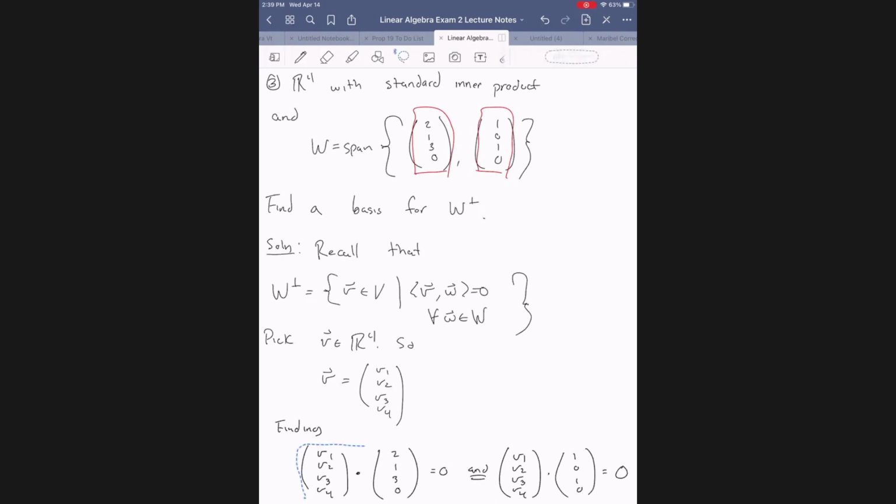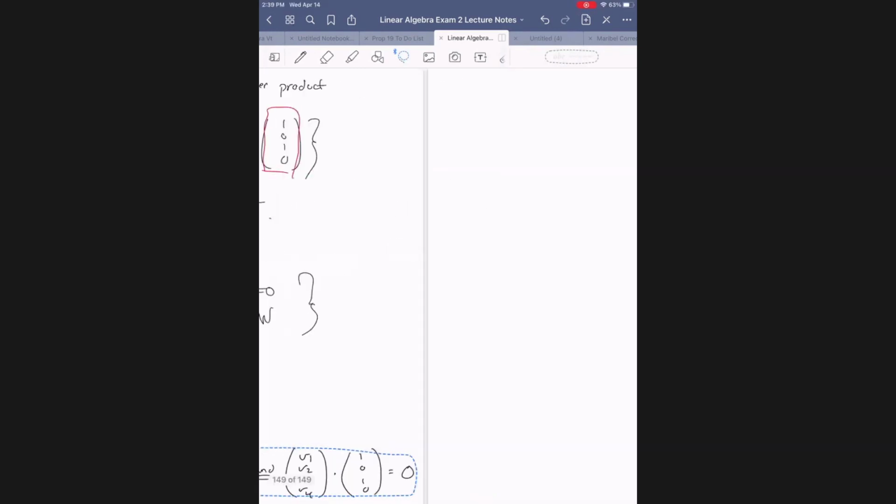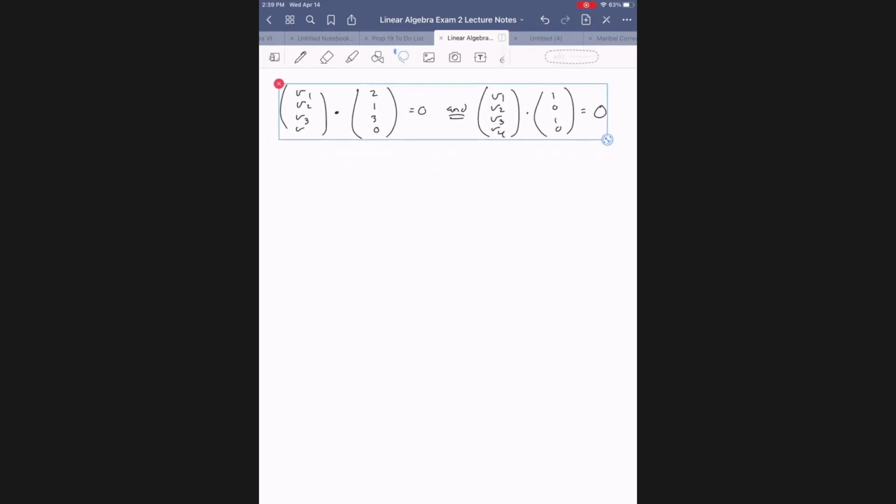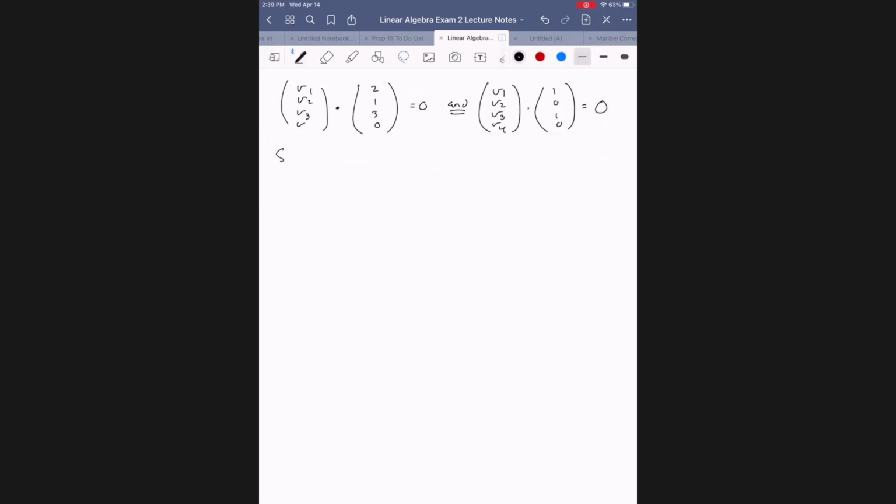All right, so we get the system. You're just going to get 2v1 plus v2 plus 3v3 equals 0, and then you're going to get v1 plus v3 is equal to 0, right?